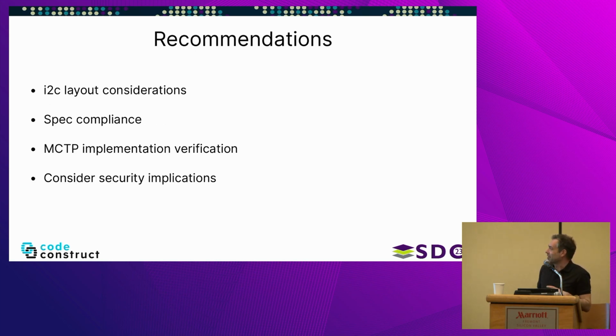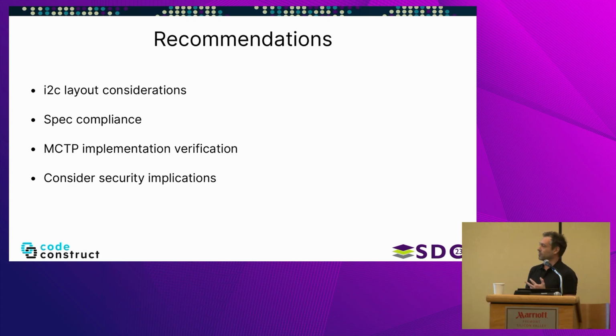There are a few considerations around how we do all this. I think this becomes a bit of a design discussion, but some of the things we've learnt through the process are, firstly, that the I2C layout can really affect what's possible on a system through essentially contention on the bus.